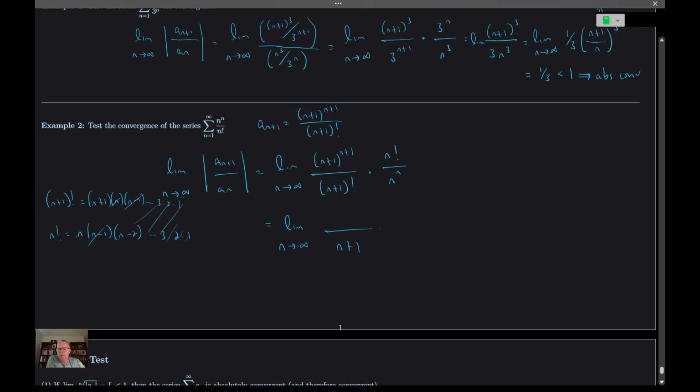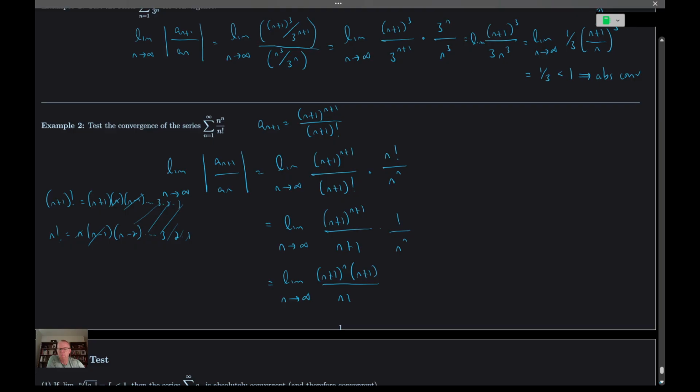And then let's just leave this n to the n here first. Now, if we have n plus 1 to the n plus 1 divided by n plus 1, we can write n plus 1 to the n plus 1 as n plus 1 to the n times n plus 1.